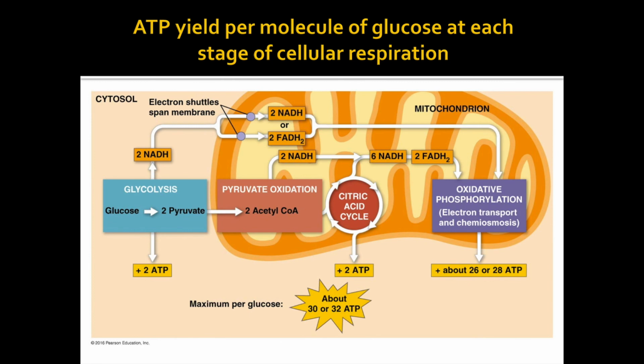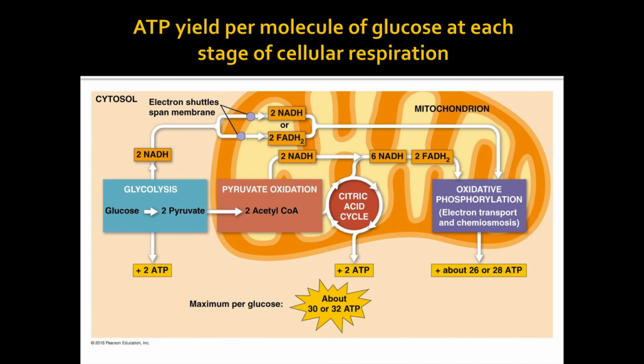We get ATP. However, glycolysis does offload electrons onto NADH, and that NADH cannot cross the 2 layers of the membrane of the mitochondria. So you can see that the NADH get close to the membranes of the mitochondria, and then those electrons have to be transported across. On the other side, inside the mitochondria, the electron shuttles that are waiting could either be NADH or FADH2.